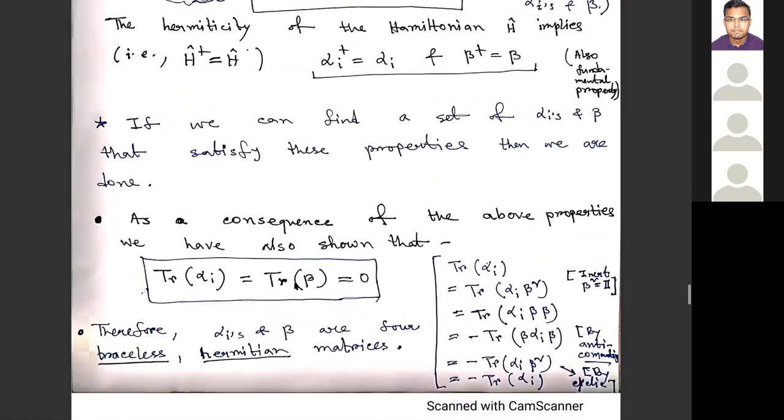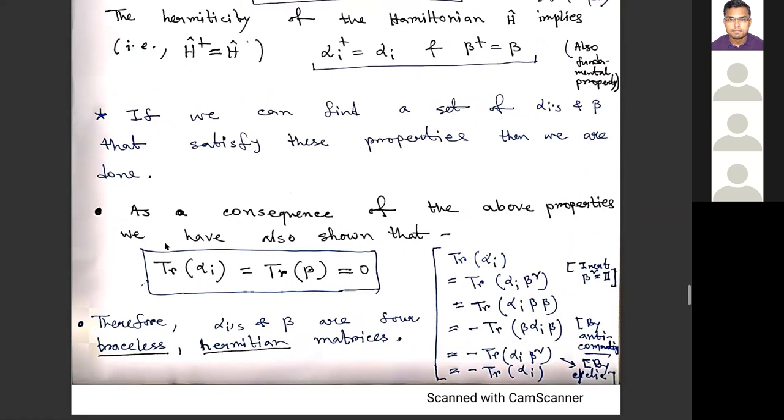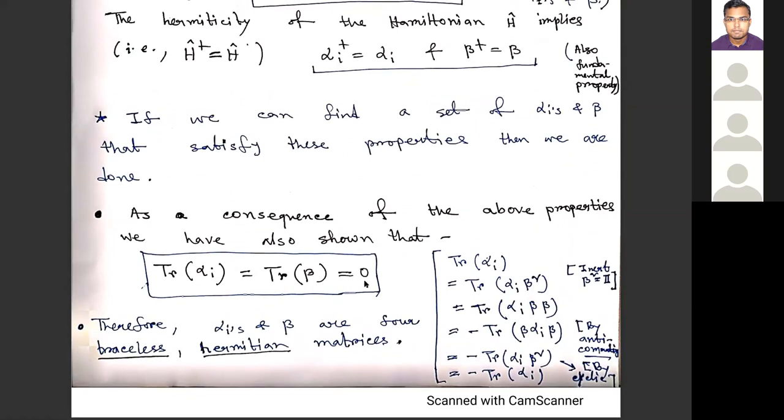So what we discussed last time, the trace of alpha and the trace of beta is 0. Right? We can simply check how we did this last time. Also, there is another way of doing it. You can simply compute the trace of alpha I. The trace of alpha I should be just the trace of alpha I multiplied by beta square. I introduce this beta square because beta square is identity, so I can insert a beta square there, and then write this beta square as beta times beta, and then take one of these betas across this alpha I. So I just anti-commute this beta to this side.